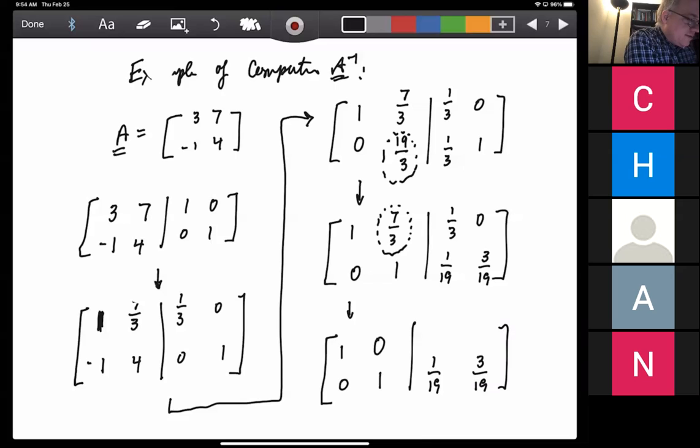So row 1 is 1/3 minus 7/3 times 1 over 19. And then the other entry is 7/3 minus 7/3, so that's going to be minus 7 over 19.